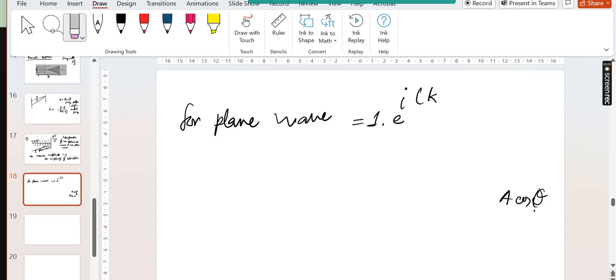This is how we can also write a wave. So the plane wave is in the y-z plane, so we'll write e to the power i (ky y plus kz z). If it is in a 3D model, we would also add plus kx x.